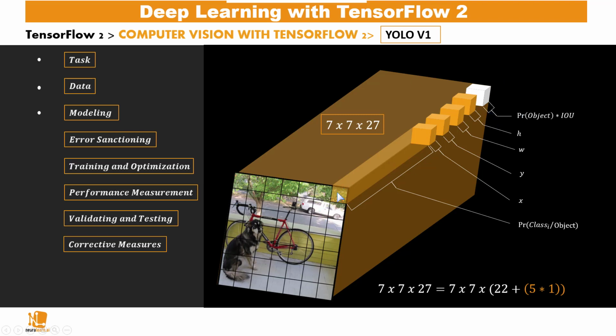So we've said that in this cell right here we have no object. For the next 4, given that we have no object, we are not going to take all of them into consideration, same as all the rest. So we're not going to be localizing any object, so we don't have to take this into consideration. And then we're not going to be classifying any object in here, so all this will not be taken into consideration.